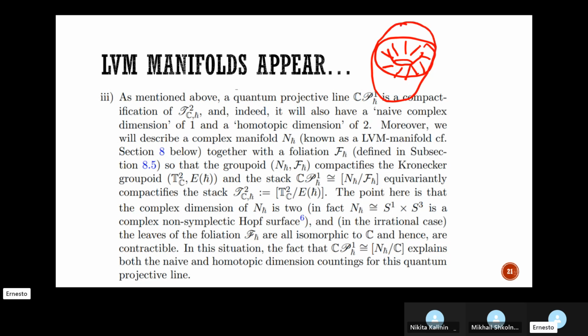do somehow is to get a manifold N that contains the torus but that is a complex manifold. It's a complex manifold. It contains the torus, and the Kronecker foliation that we have here extends to a foliation.